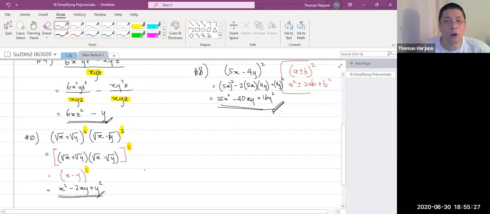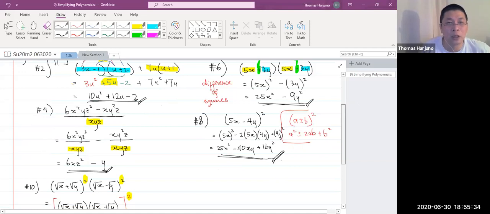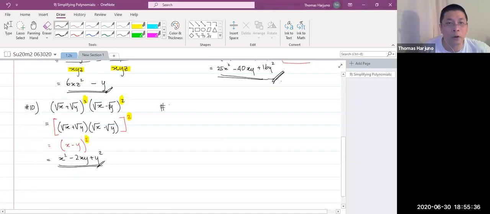The last topic from this simplifying part here is what happens if we have the power of 3? What happens if you have the power of 3?